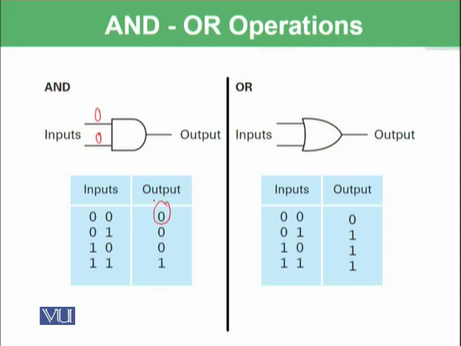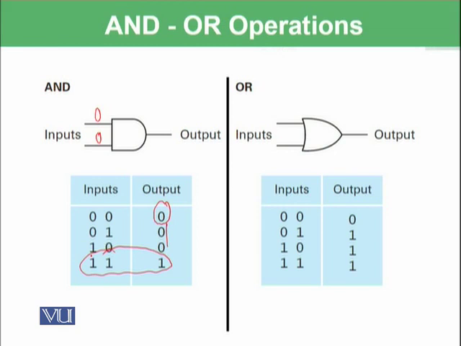If either of the inputs is 0, you will receive again 0. And if both of the inputs are 1, then you will get your output as 1. This means that to get an output of 1, you should have both of the inputs as 1.